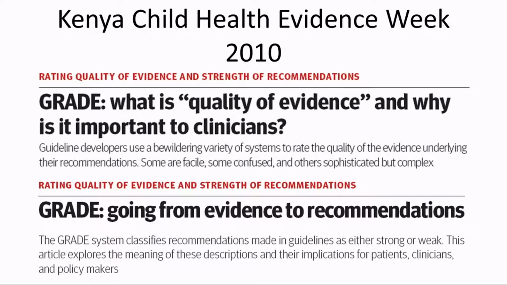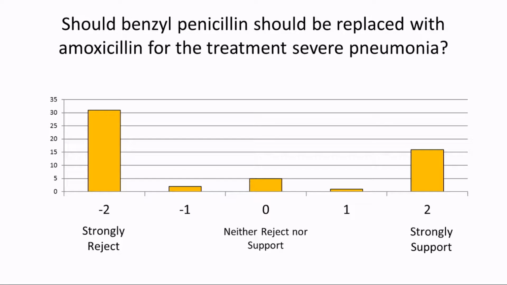And they were tasked with developing a recommendation on whether children with severe pneumonia should be treated with amoxicillin in place of the injectable treatment, which was the standard of care. So they were asked to anonymously vote on that question, and this slide shows how the panelists voted.